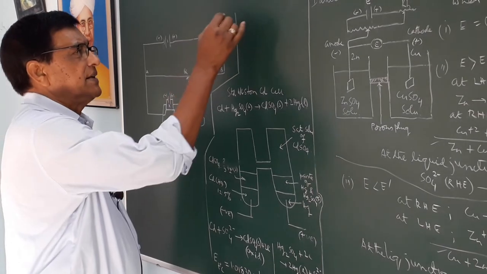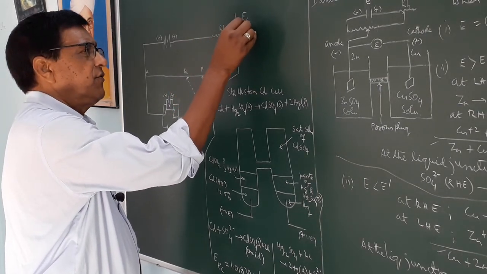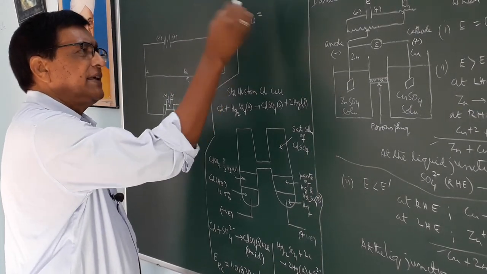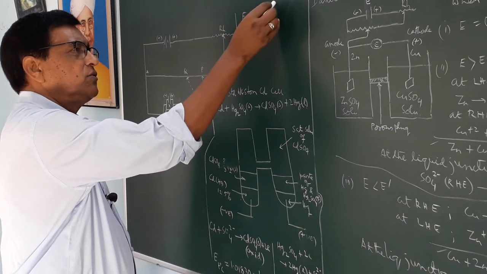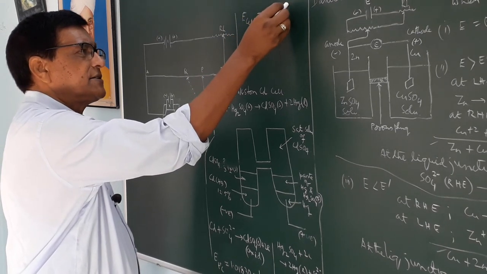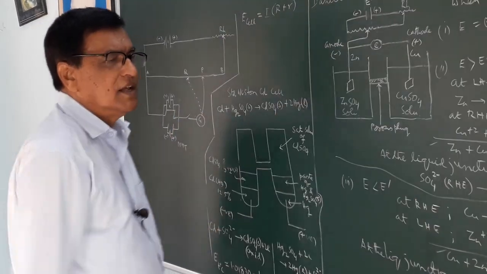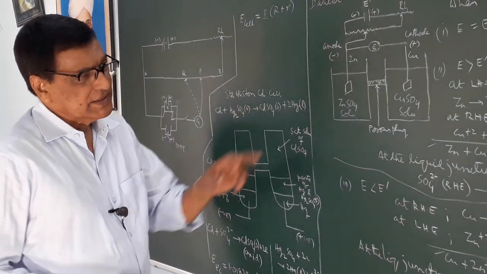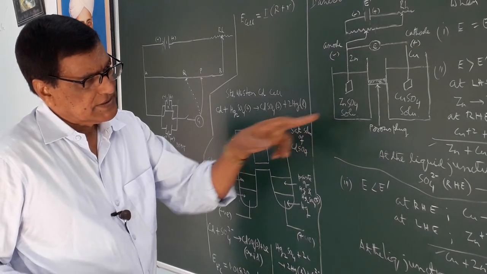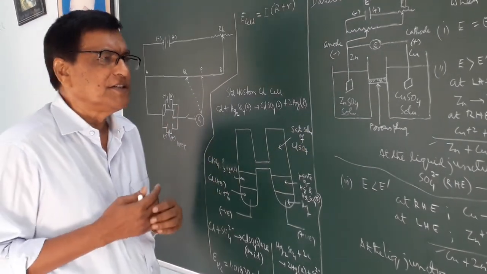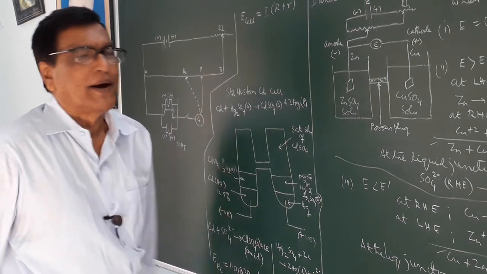Actually, this E cell, the EMF of the cell, is equal to I into (R plus small r). Whenever current is drawn from this cell, the internal resistance has to be overcome.